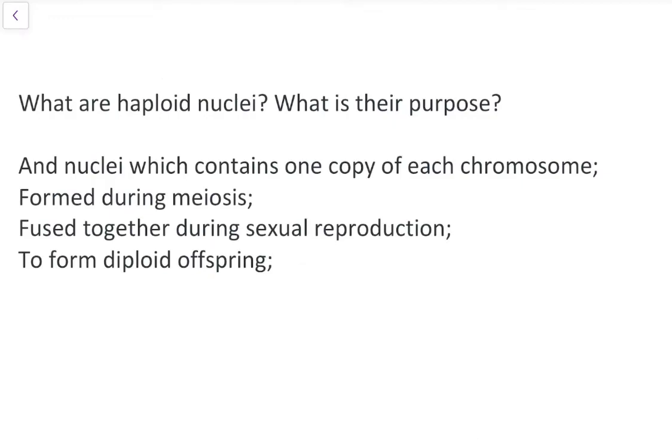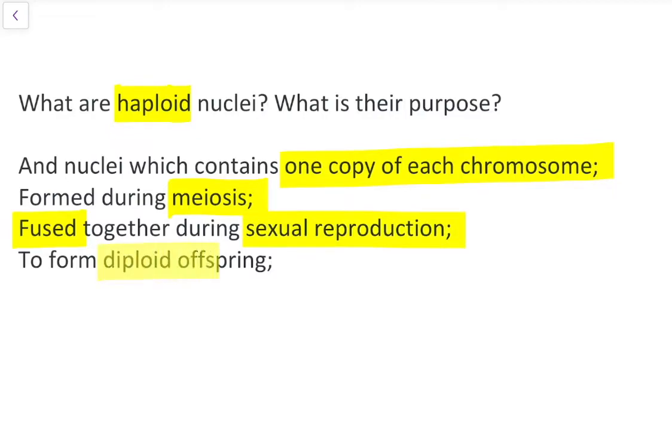So here's our summary. A haploid nuclei contains 1 copy only of each chromosome. So it's half the normal copies. Formed during meiosis, which is the process of producing sex cells, and they fuse together during sexual reproduction, forming diploid cells.